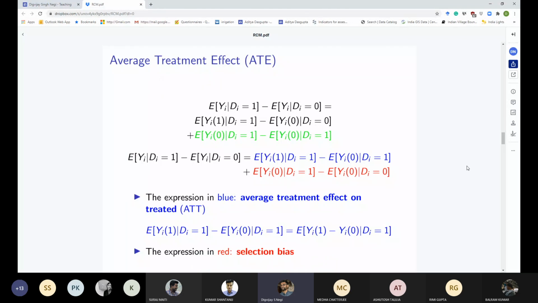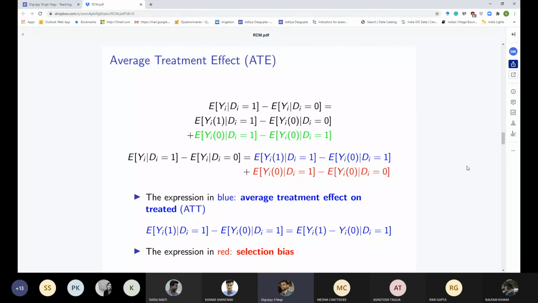So the reason for going through this Rubin's causal model is to highlight the importance of selection bias and how to think about it. I'm sure you would have heard of selection bias, but how do we characterize it in a very simple formulation?